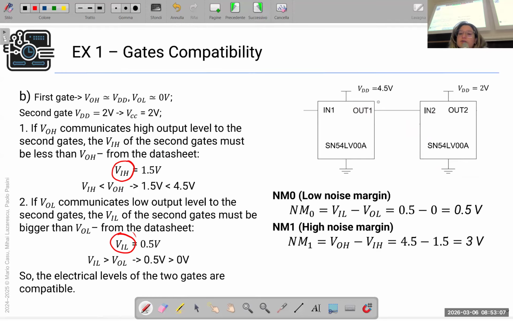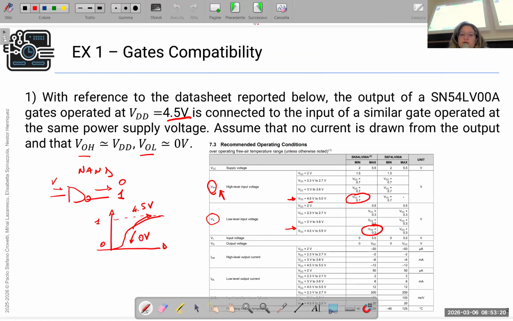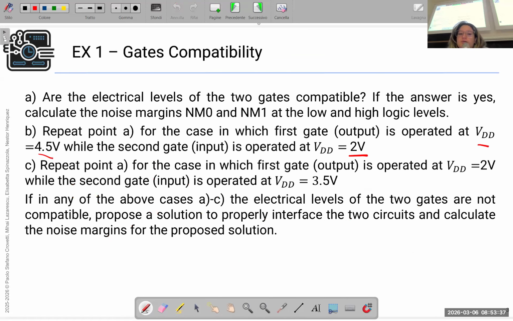Here it is still 4.5, but here it is 2 volts. So let's see the datasheet. If the supply is 2 volts, for input high we have to use 1.5. For input low we have to use 0.5. So remember these two values and use them to check the condition.